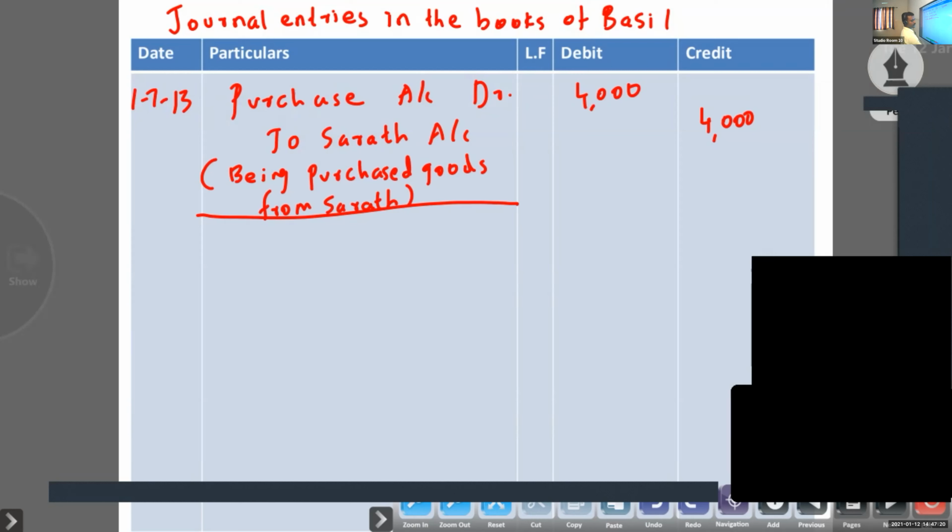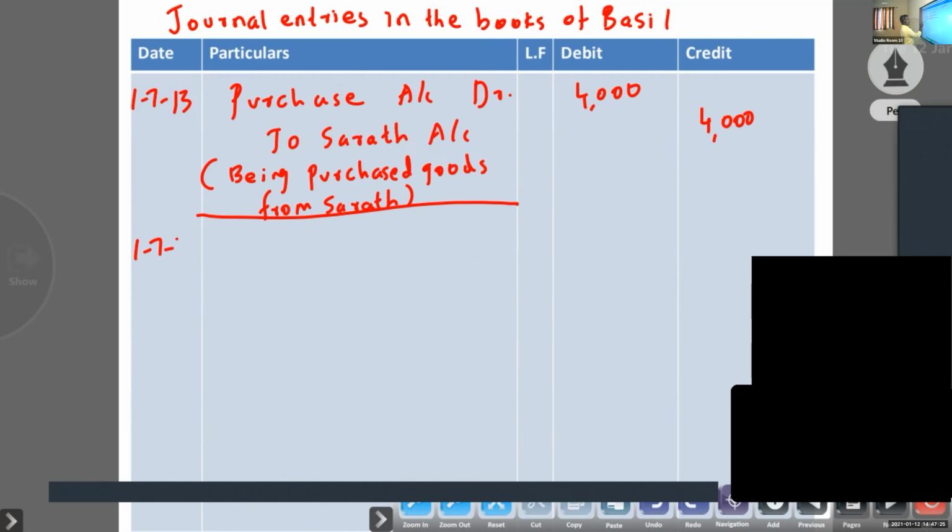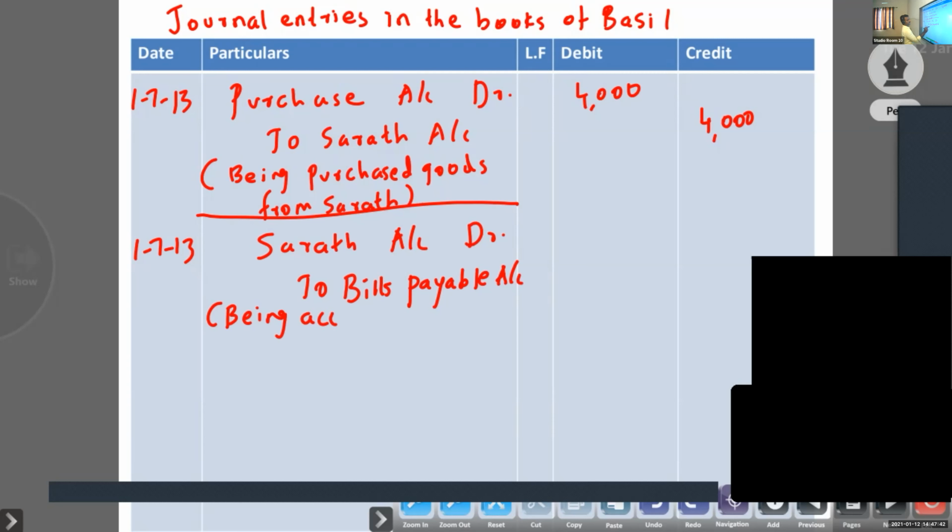Next, here bills receivable, here bills payable. Sharath account debit to bills payable, being acceptance given.